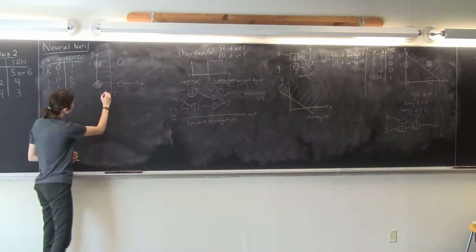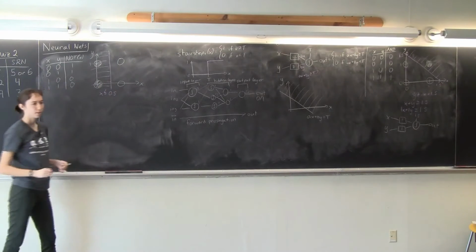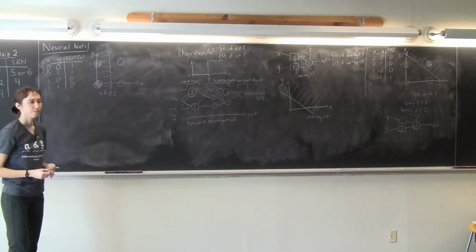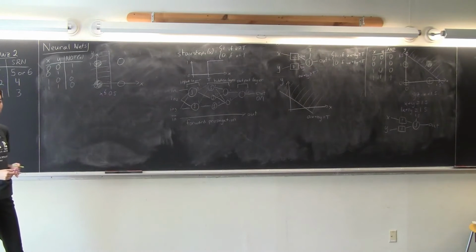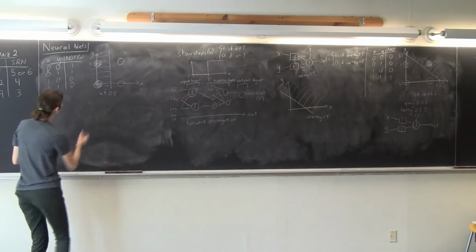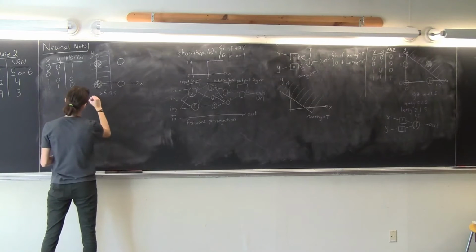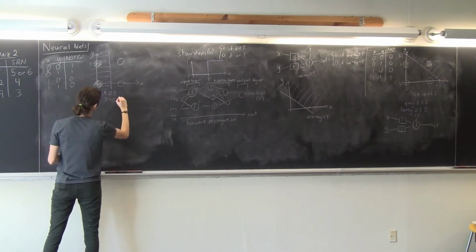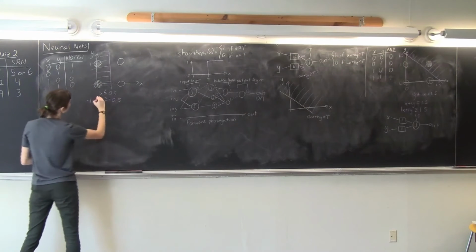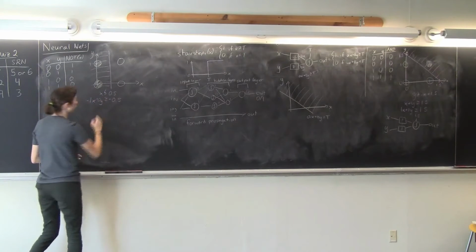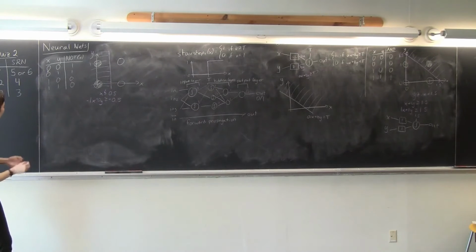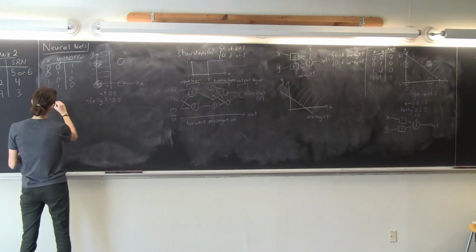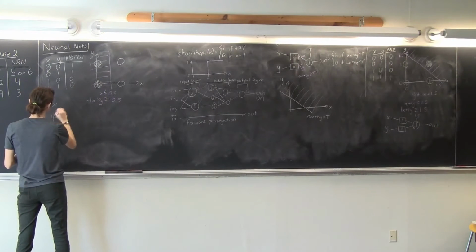How can we convert this into an equation with a greater than sign? Yeah, just multiply through by -1. So then we get -1x is greater than or equal to -0.5, and we could add in a 0y because that won't affect anything. And then we could map that onto a neural net just like we did with AND.